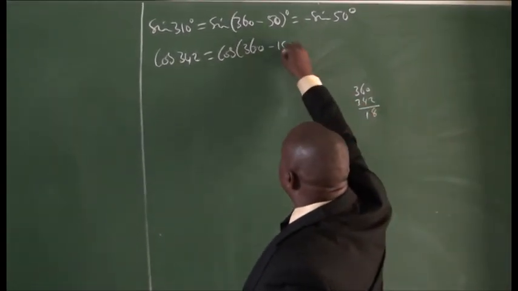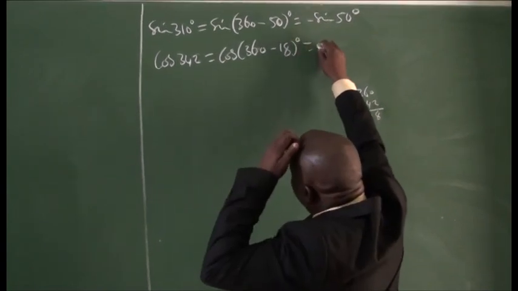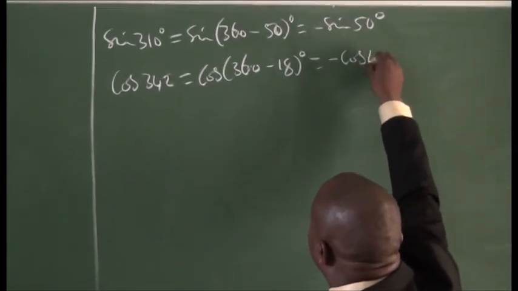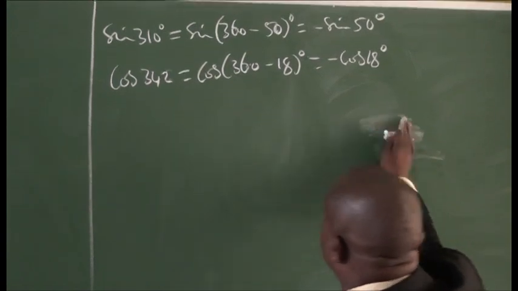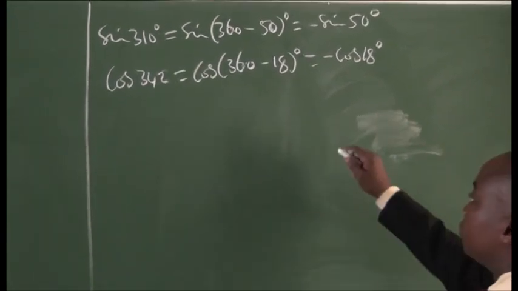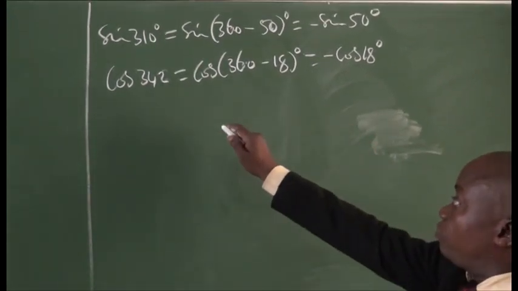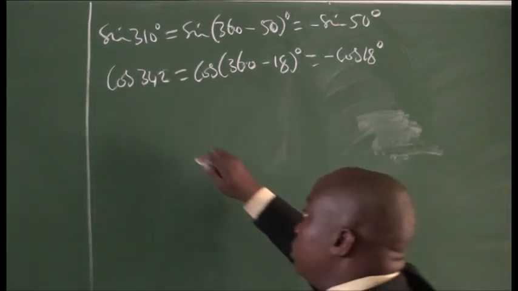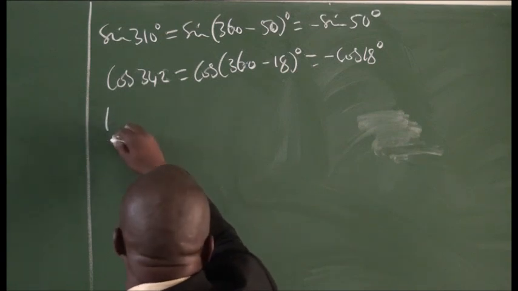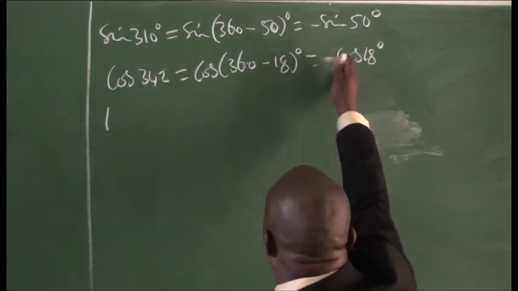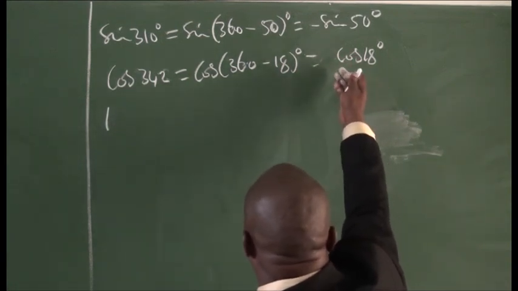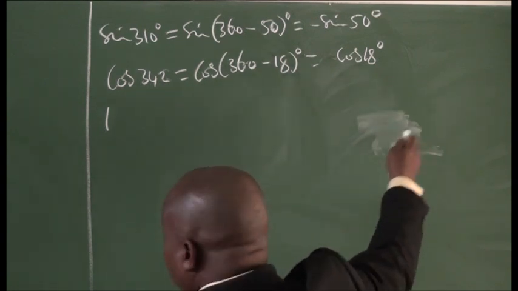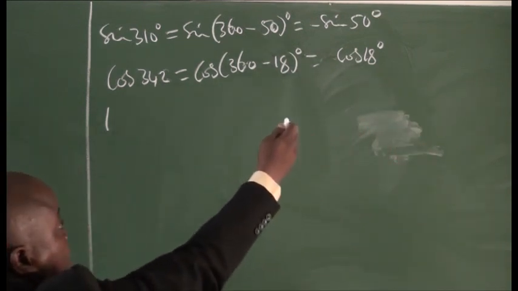So it is cos 18 degrees, because 342 plus 18 will give you back 360. Not minus, but cos 18 degrees, because in that quadrant, cos is positive.